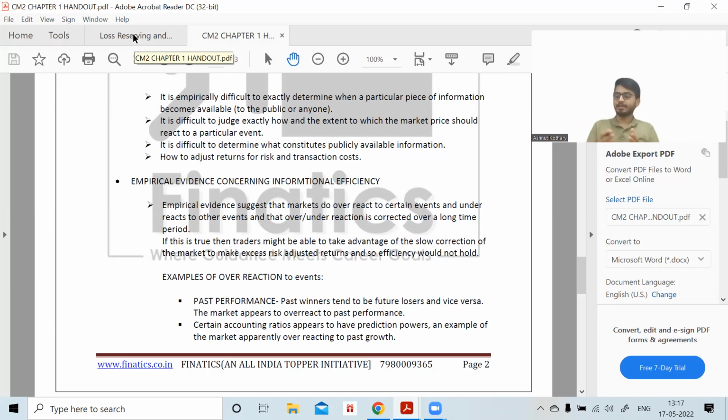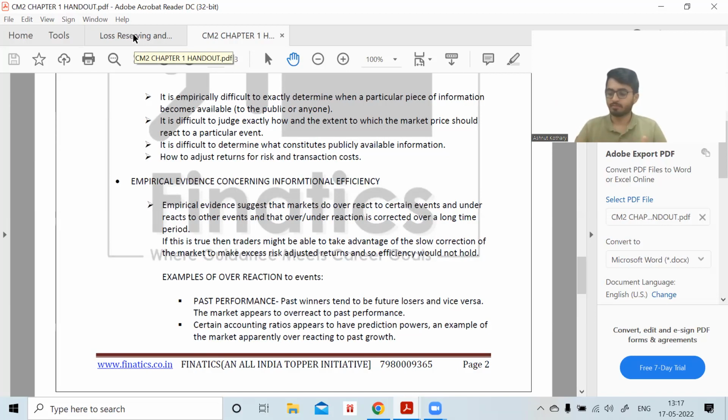So what happens is that initially when a demerger is taking place, the stocks do not increase quite a lot, but over a period of time, a classic example is the Adani group of companies. In the last 2, 3, or 4 years, they have increased by probably 1000% or so. So this is an example where initially the benefits of demerger were not visible, but later on we saw them. So this becomes an example of underreaction.